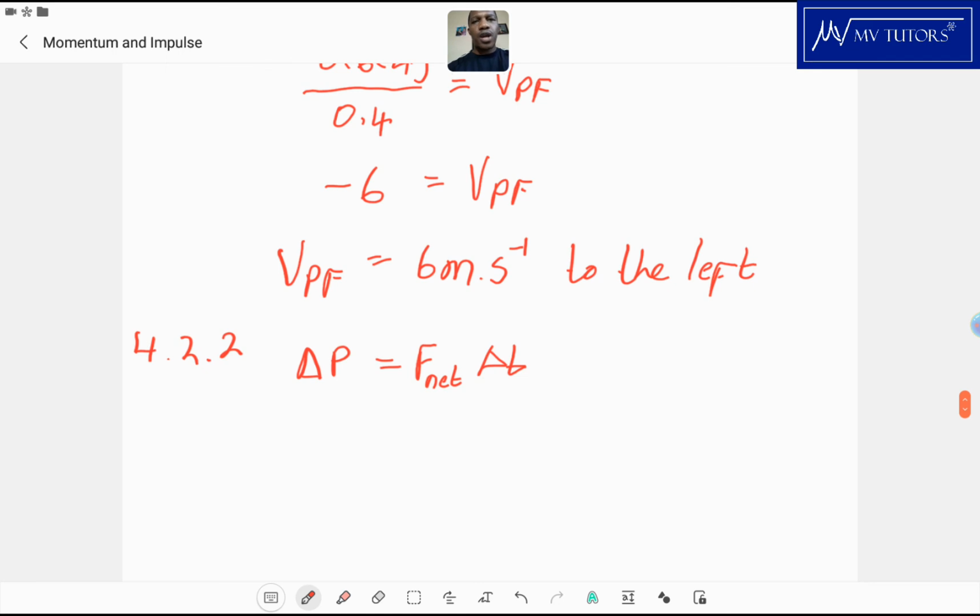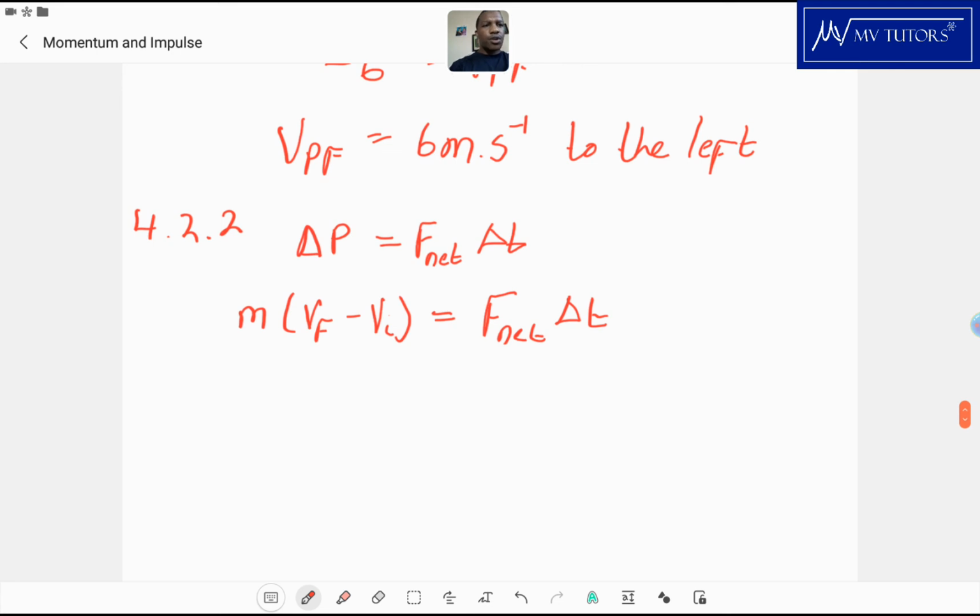Because we are talking about Q, the change in momentum, the mass stays the same. What changes is V, the velocity. So it's the final velocity minus the initial velocity, and it should be equal to F net times the change in time.